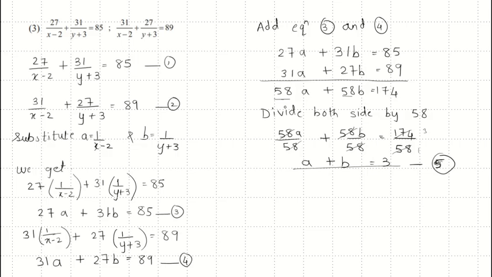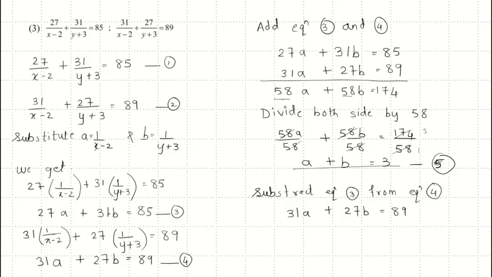Now what will we do? We will try to subtract the equations. Subtract equation 3 from equation 4. So what is it? 31a plus 27b is equal to 89. Why are we subtracting equation 3 from 4? Because in equation 3 we have 85 and in equation 4 we have 89.